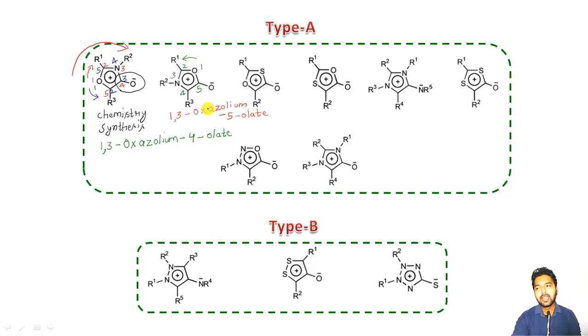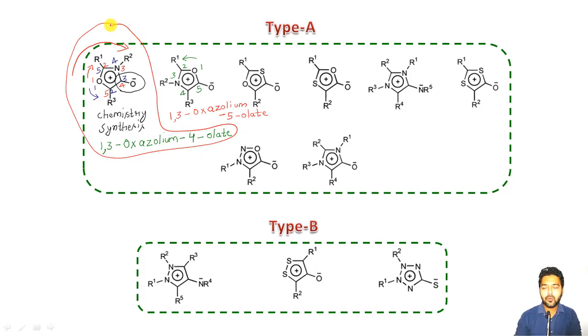And once again, I want to tell you that out of these 8 type A mesoionic heterocyclic molecules, we will be doing the synthesis part as well as the chemical properties or chemical reactions one by one in each lecture. So this particular lecture I am devoting only to this very first type A molecule, 1,3-oxazolium 4-olate.